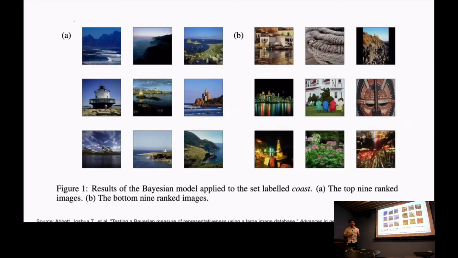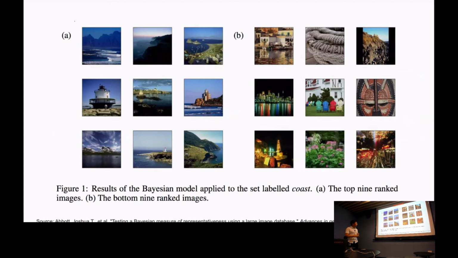So one interesting application that is not shown in this paper, but is shown in a later paper, is that you can actually use this Bayesian sets score to measure how representative an item is. Basically, you can find a representative of a set of images.